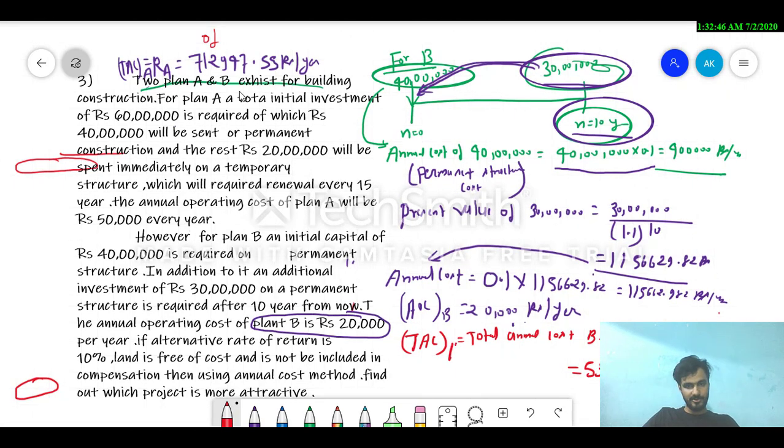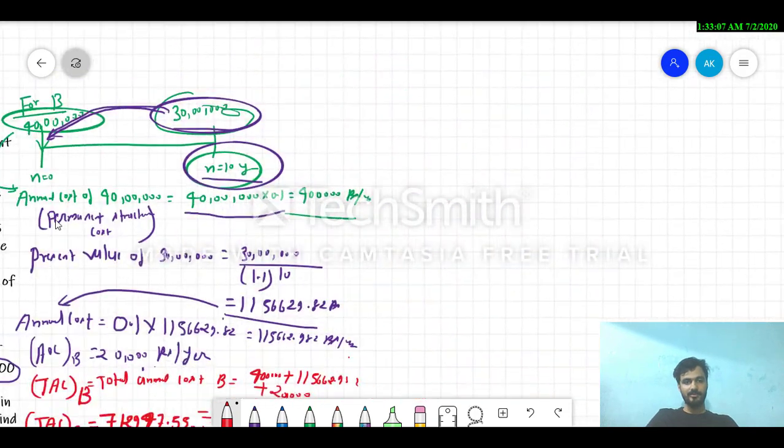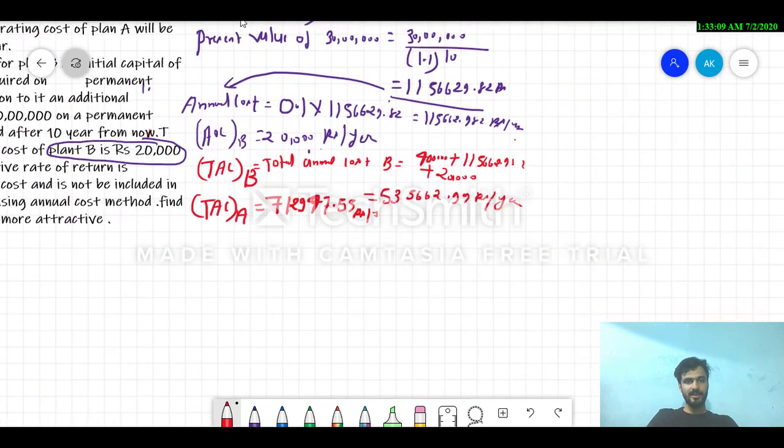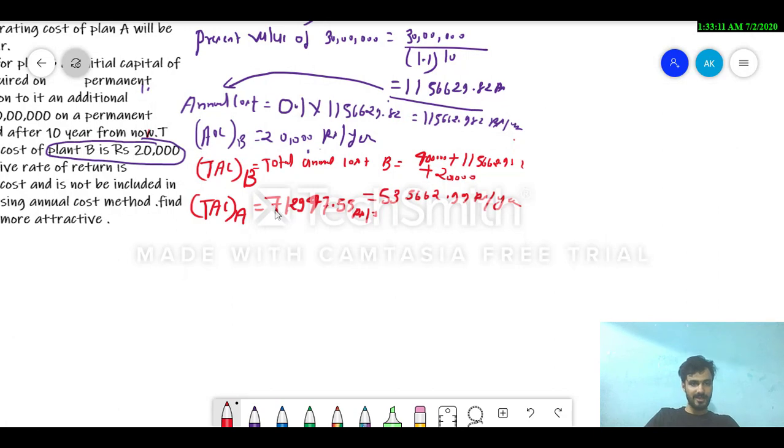So from this data, this is the total annual cost of project B, and the total annual cost of project A equals 712947.55 rupees per year.